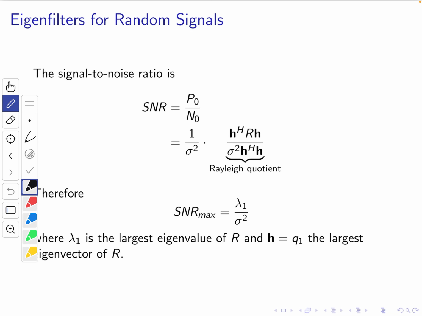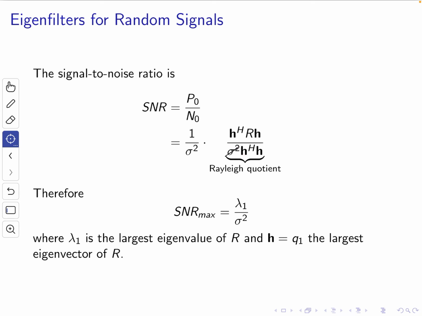Now the signal to noise ratio is the power in the output due to the signal divided by the power in the output due to the noise. When we plug in those previous equations, we get H Hermitian R H over sigma squared H Hermitian H. And this is the Rayleigh coefficient.